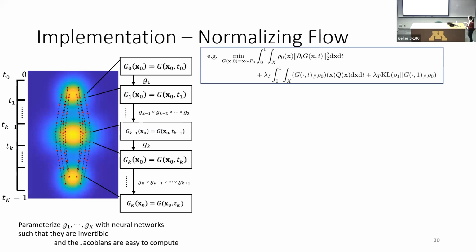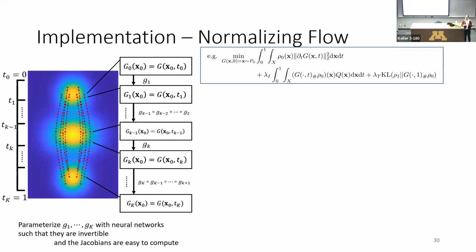So here is what we do. Instead of directly parameterizing the solution map G, what we do is we first divide the time interval into k segments, and let g1, g2 be the small solution maps from t0 to t1 and from t(k-1) to tk.